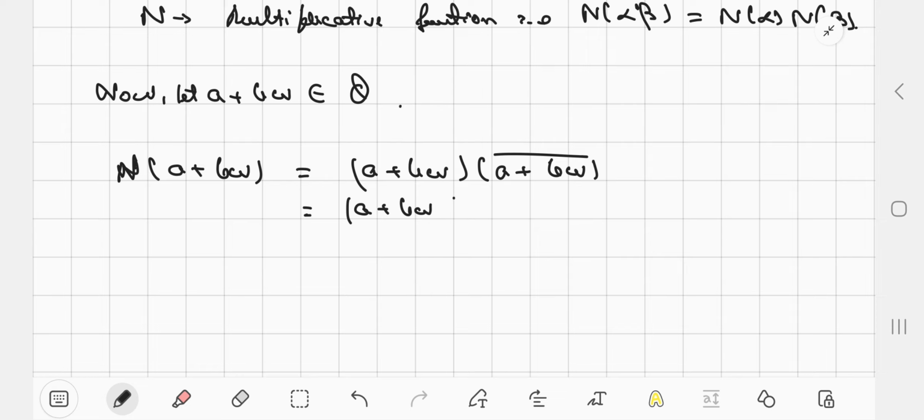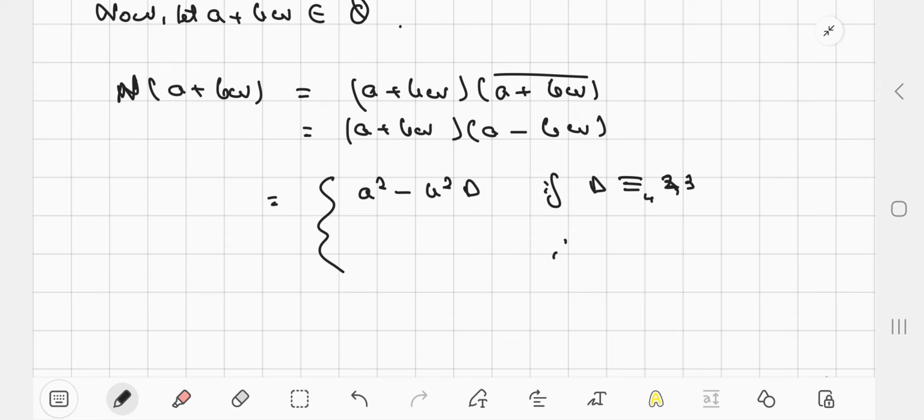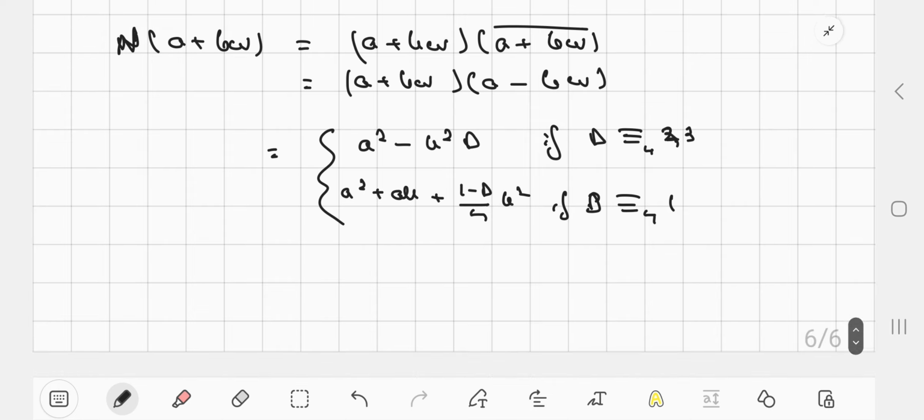So it's a plus b omega times a minus b omega. If I multiply it out, it will come out to be simply a square minus b square d if d is congruent to 2 or 3 modulo 4. But if d is 1 modulo 4, then you have omega to be (1 plus root d) by 2. If you just distribute it out, you will get the answer to be a square plus ab plus (1 minus d) upon 4 b square. Clear?